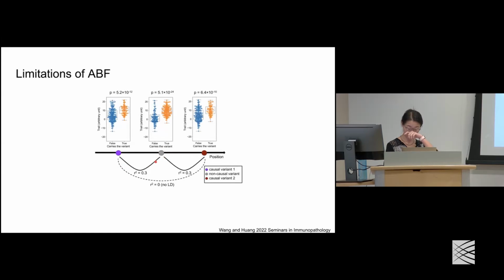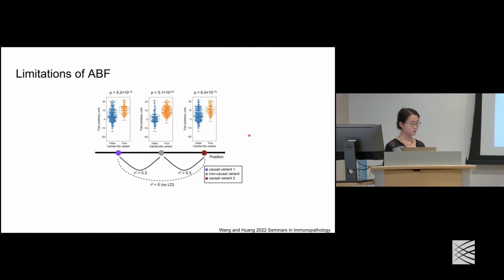So when you're doing GWAS with simple regression, this middle variant actually comes up the most significant among the three, because, since you're not conditioning on the two causal variants, there is an aggregating effect of the causal effect sizes in the middle. That is why it came up the most significant in this locus.